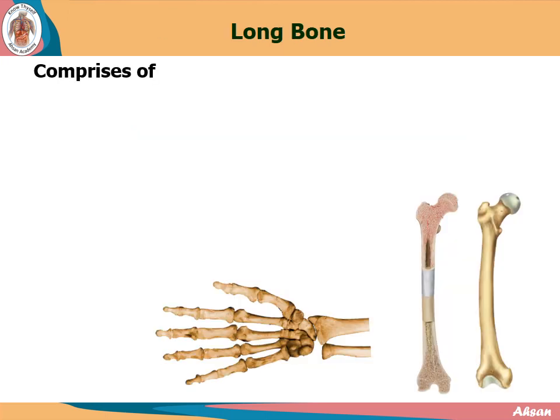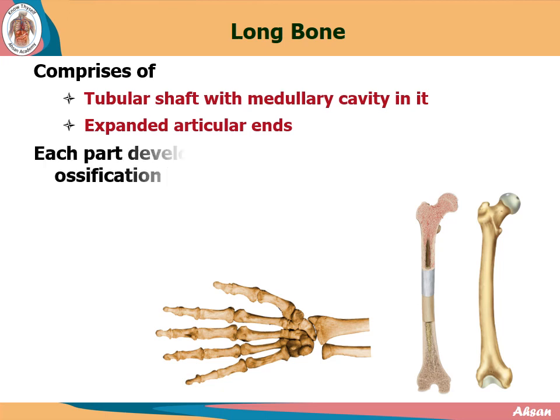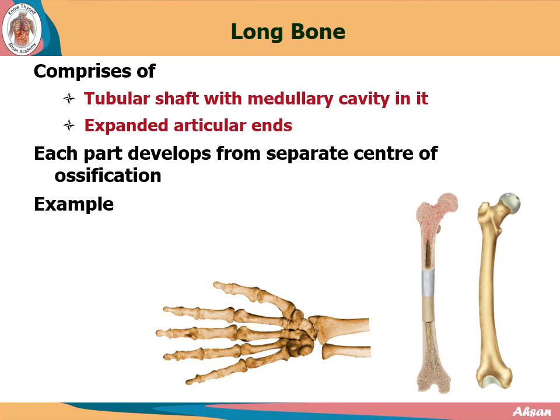So long bone comprises of a tubular shaft at the middle and two expanded ends. Each end and the shaft develop from separate ossification processes.